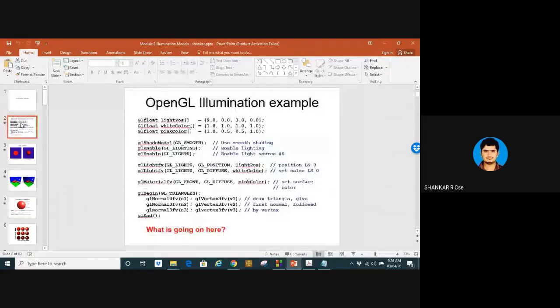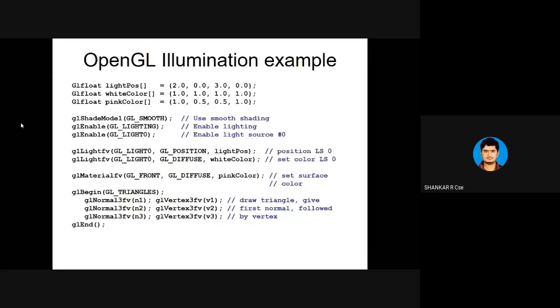Now, remember this. All these, and the question was what is going on here. I believe you got the answer. You can see light zero means your light sources, smooth means smooth shading.